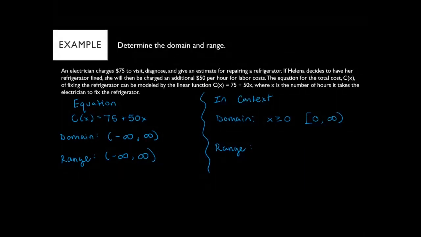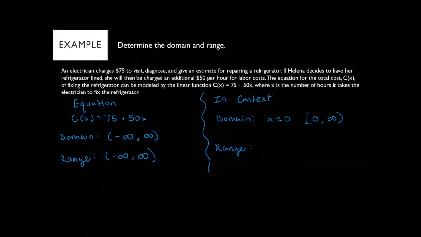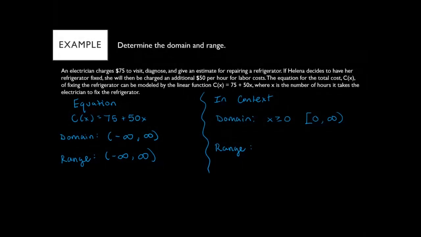You put in 0 for x, you're going to get 75. So our minimum cost is 75, so our y value has to be greater than or equal to 75.